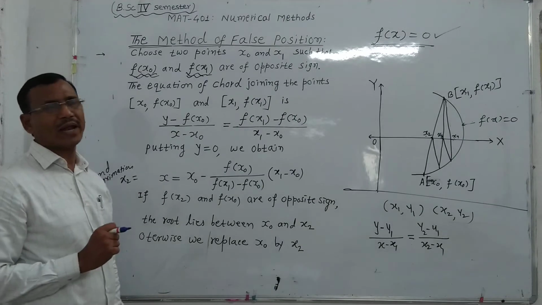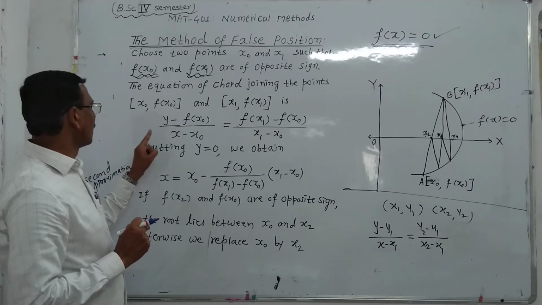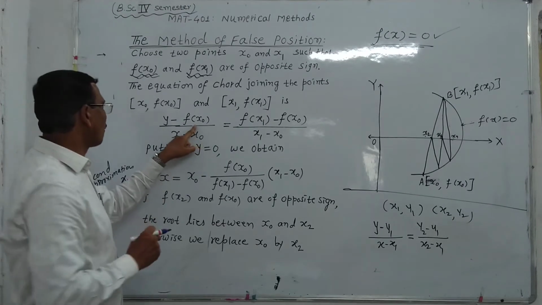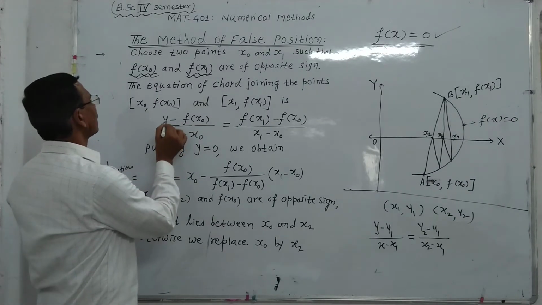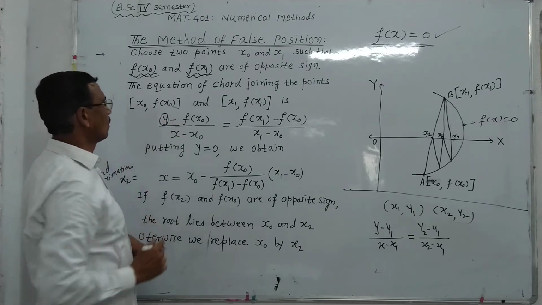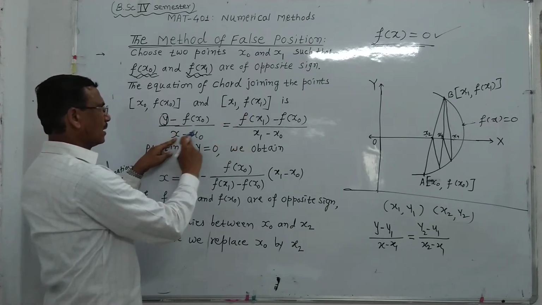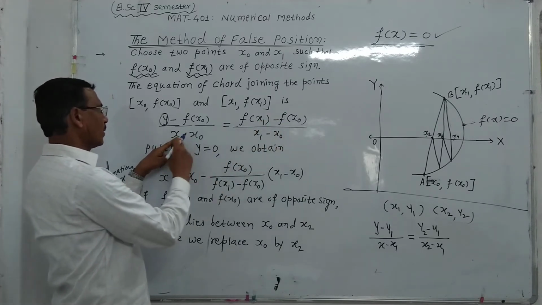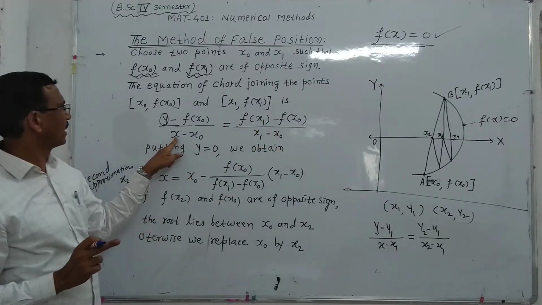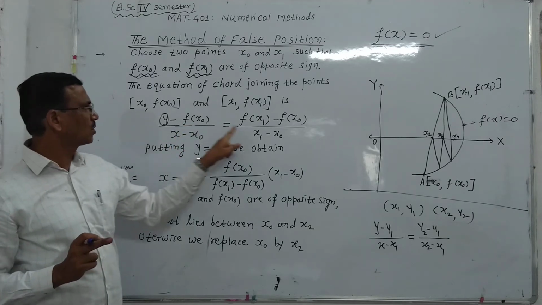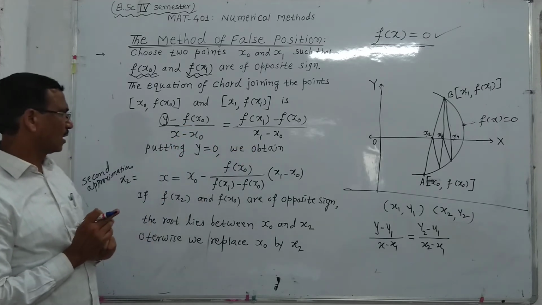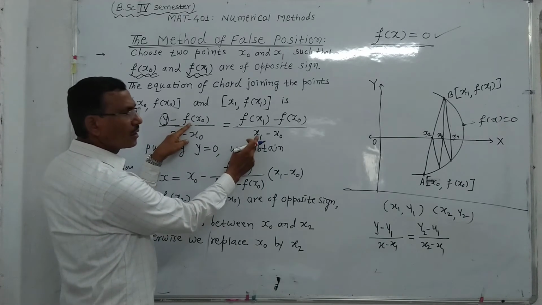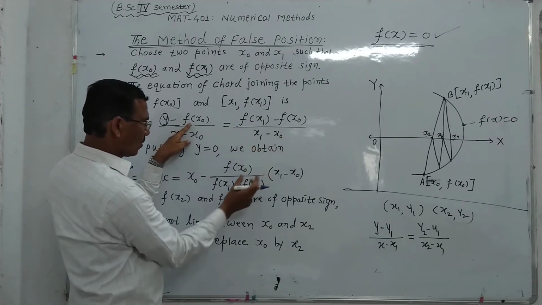To find that value, we put y equal to 0 in this equation. If we put y equal to 0, this term becomes 0. Then take cross multiplication.